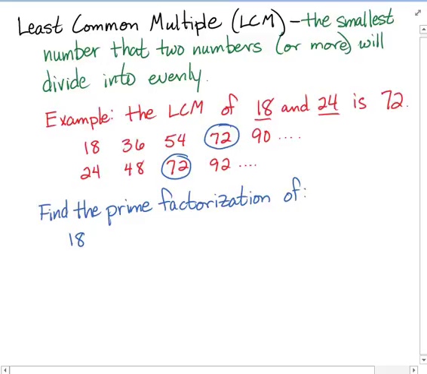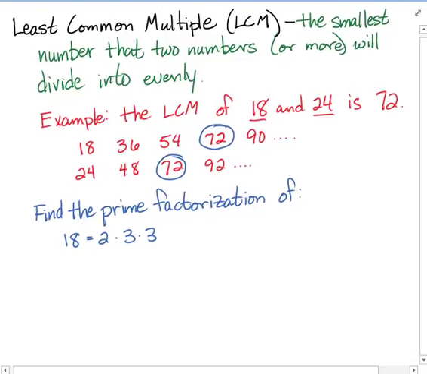So 18, it factors into, let's see, 2 times 9, 2 times, and then 9 factors into 3 times 3, right? So there's my 2 times 9. 2 times 3 times 3 is of course 18. That's the prime factorization of 18.